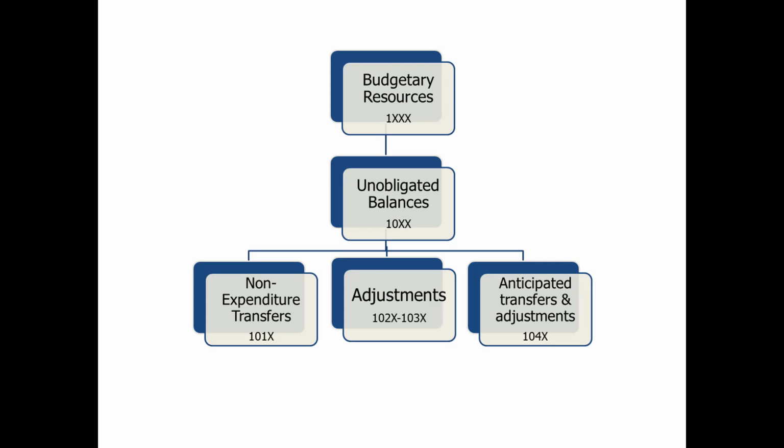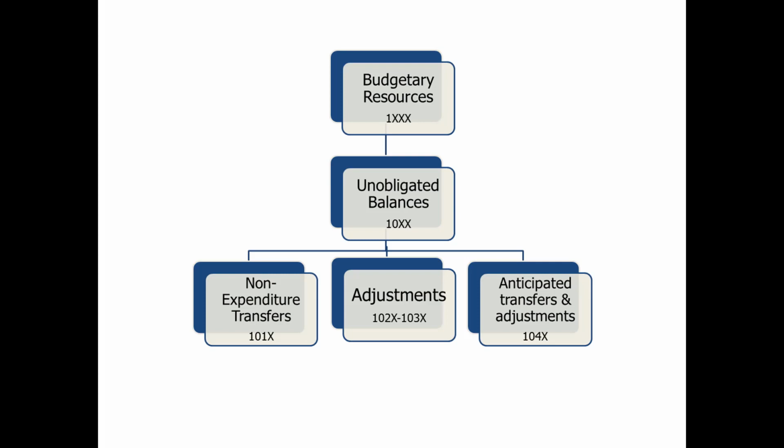In this case, it's the shifting of unobligated balances in one apportioned account to another. This type of transfer does not involve paying for a good or service as an expenditure transfer does, hence the name, non-expenditure transfer.